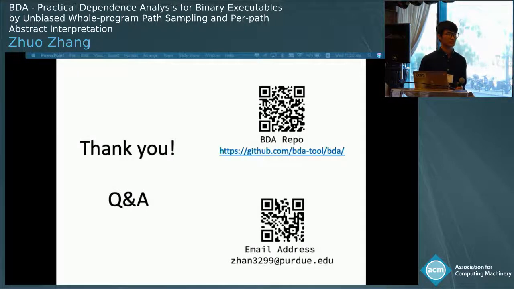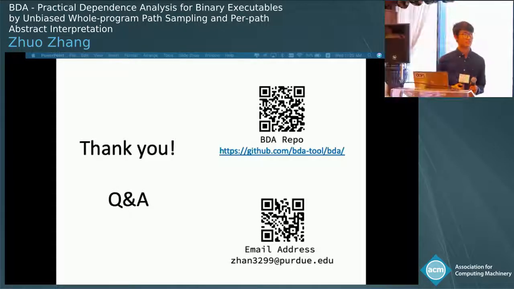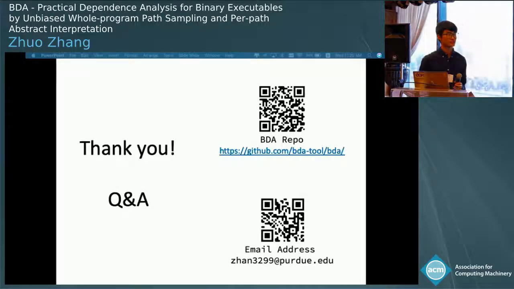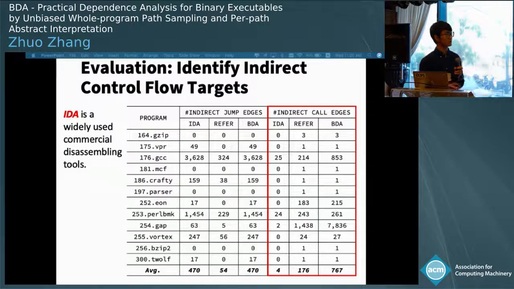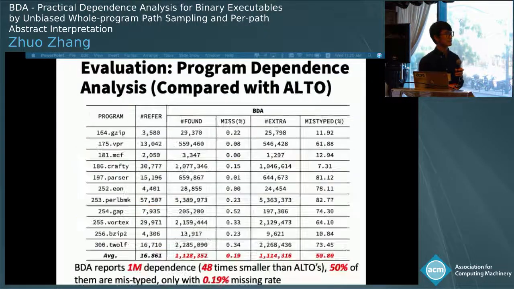In some situations there might be a very large number of infeasible paths. So what impact does that have on your analysis? Based on my understanding, you are asking about the infeasible path influence on our result and the evaluations. From our evaluation of program dependence, we can say that it does have some false positives.